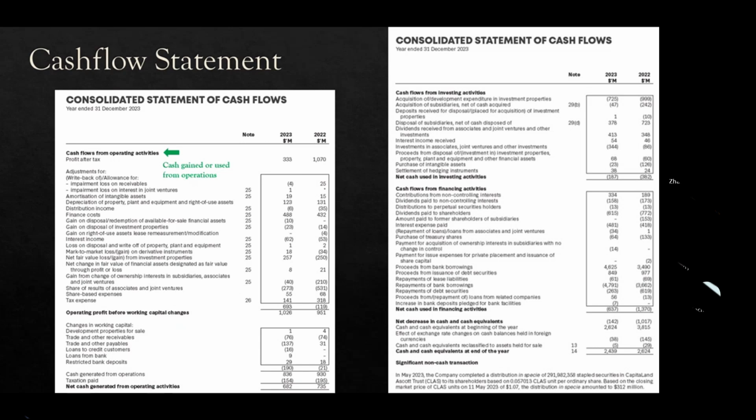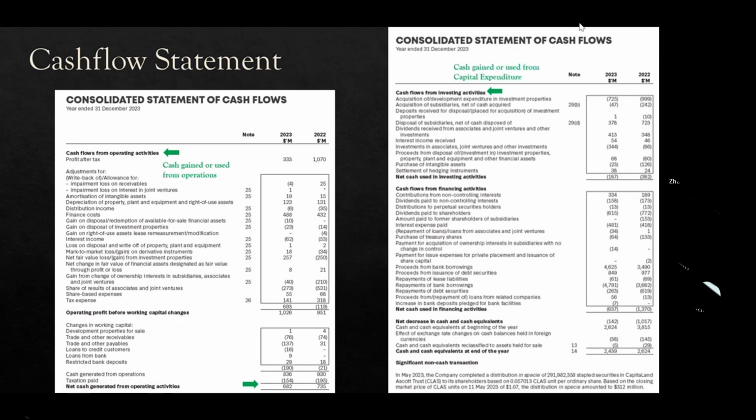Okay. So for cash flow statement, there are a couple of sections that you need to pay attention to. Firstly, would be the cash flows from the operating activities, which is also the cash gained or used from the operations. Okay, so you will look at the net cash flow from ops activities over here, and the net cash will actually show you whether the operations are actually making money or not. Okay, so over here you can see that it's a positive value, at the bottom, right?